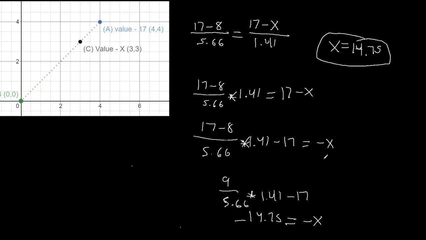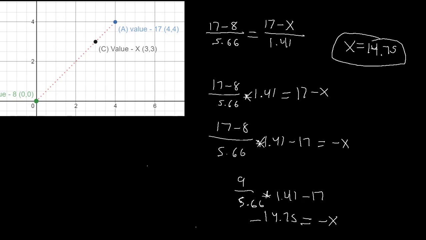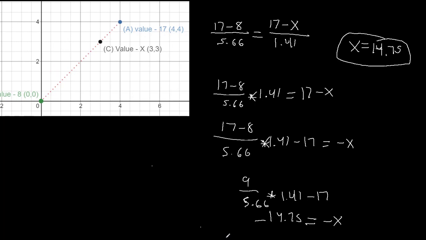Now let's just quickly go back to our little diagram here and ask, does that make sense? The whole idea of linear interpolation, and we're going to talk about this with inverse distance weighting in the next video, is that the closer the point is to a value, the more likely it's going to have that value. So the closer we get to A, the closer we're going to have a value of 17, and the closer we get to B, the closer we're going to be to a value of 8.